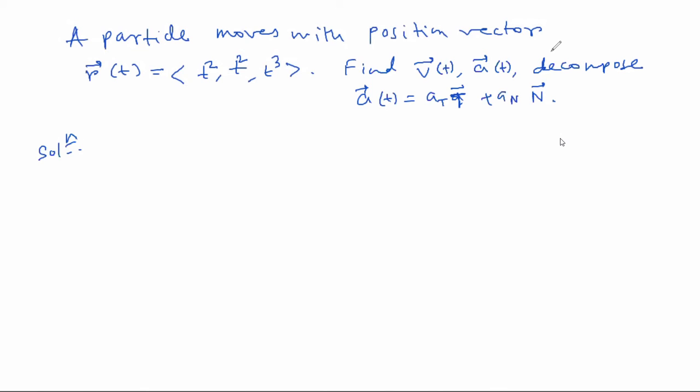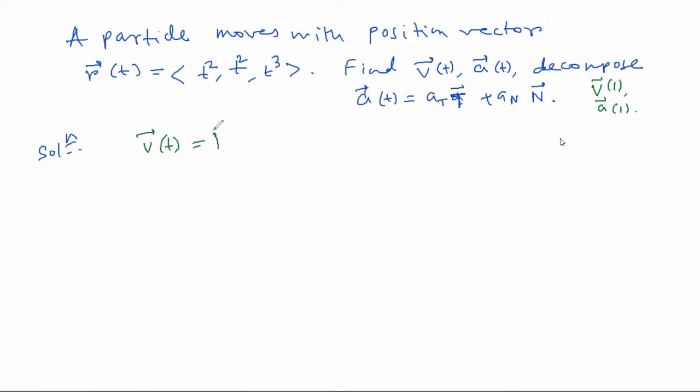So you know that this is r. So v of t is just the velocity vector, and maybe you can add this: you find the velocity at t equals 1, and acceleration at t equals 1.